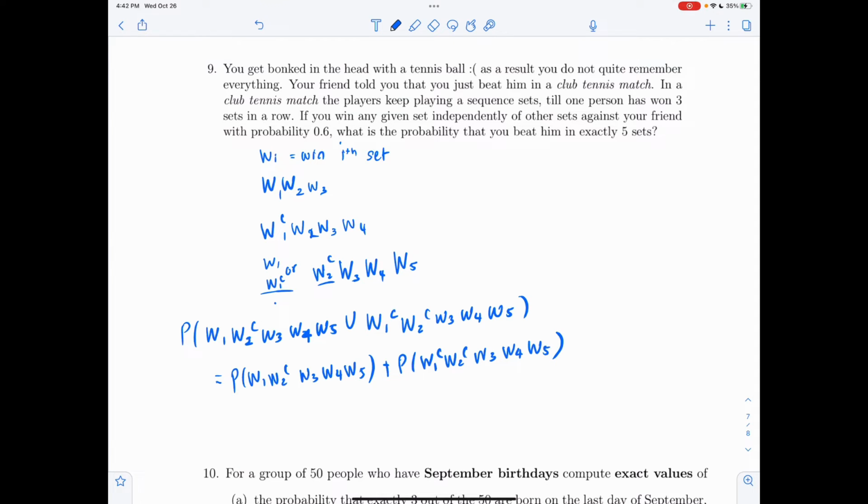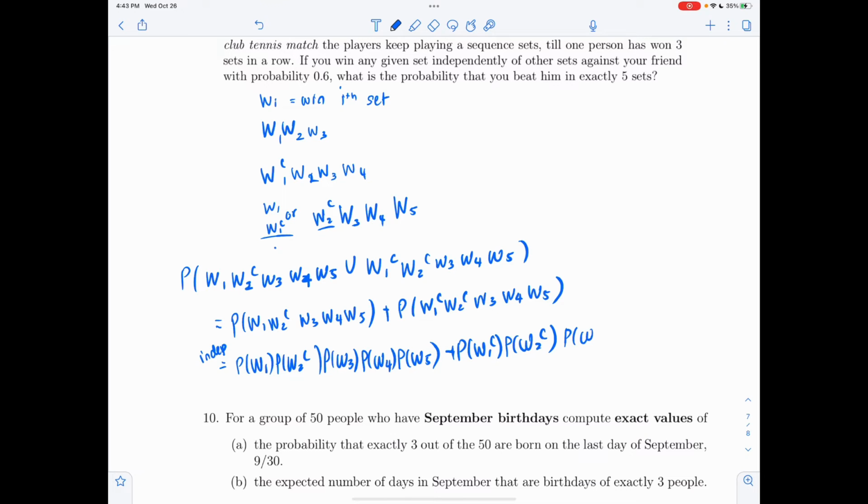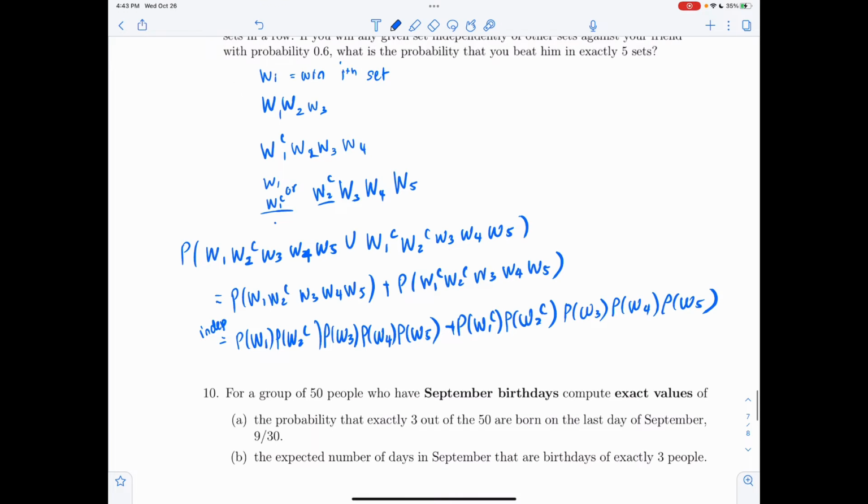Okay, they're disjoint. And then the probability of each one of these sequences, you can multiply the probability by independence. And then just chuck in the numbers.